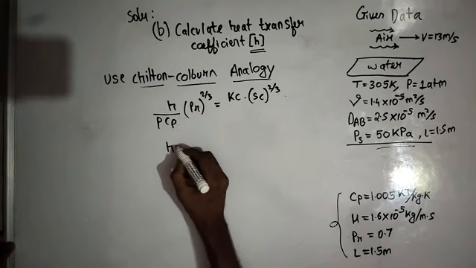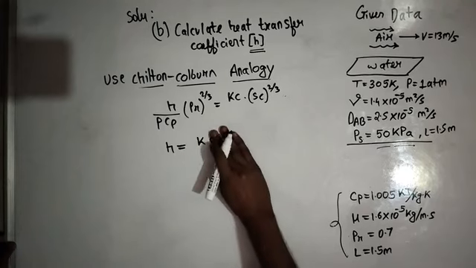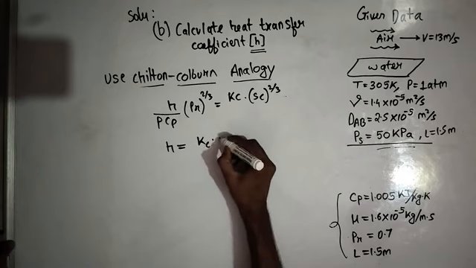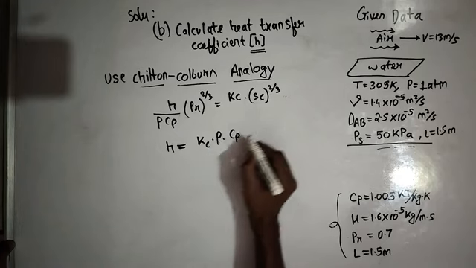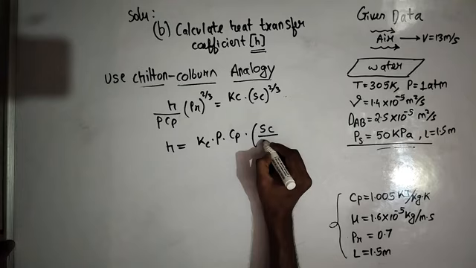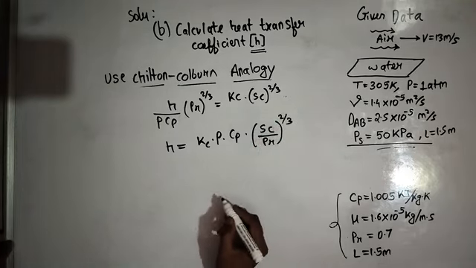So the remaining terms we will shift here: Kc into density into Cp into Schmidt number by Prandtl number to the power 2 by 3.